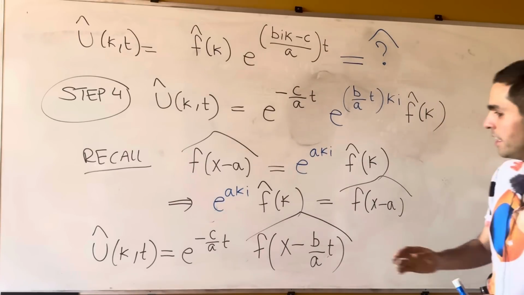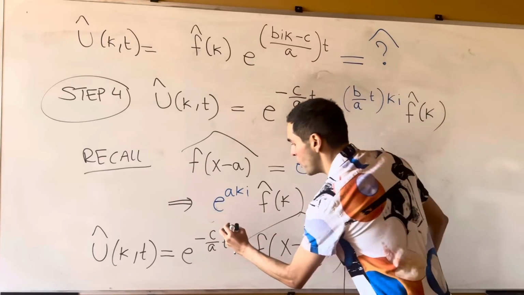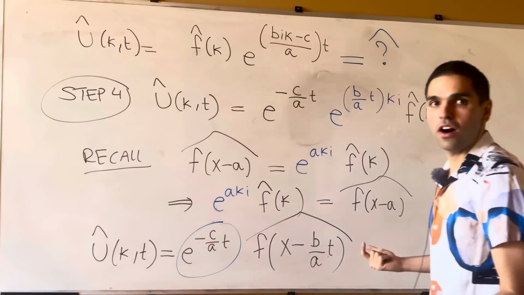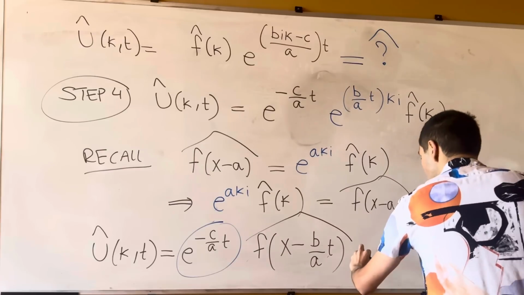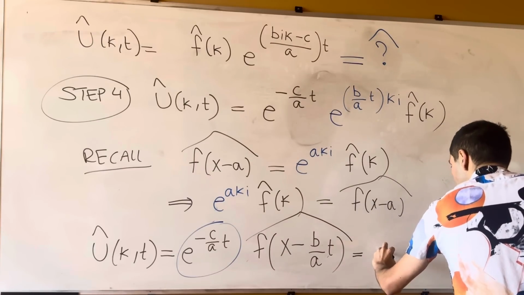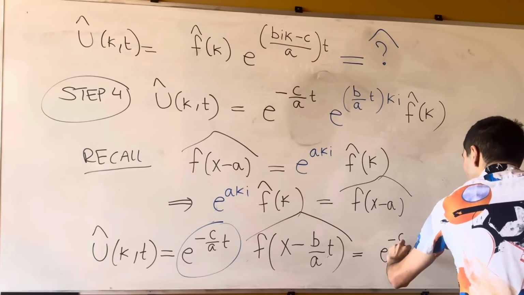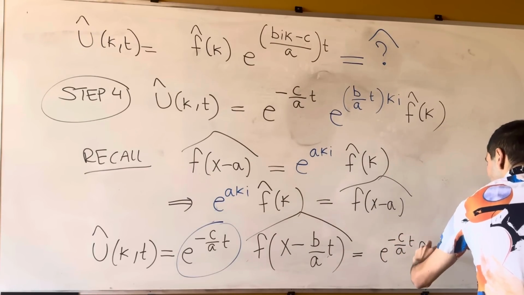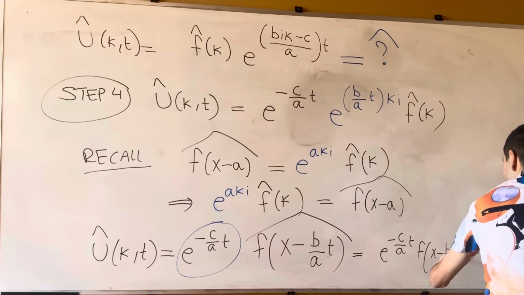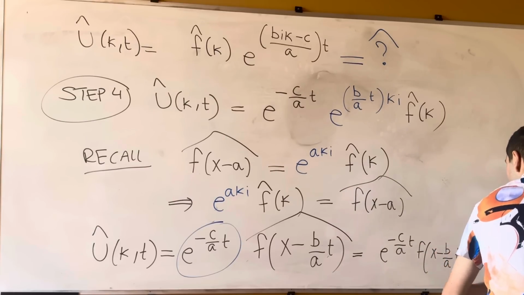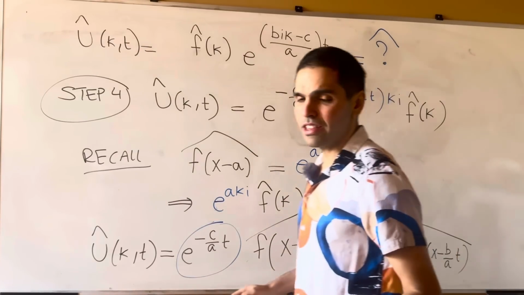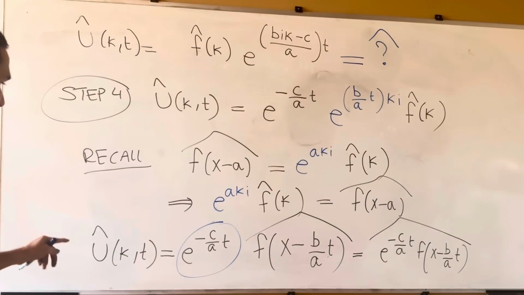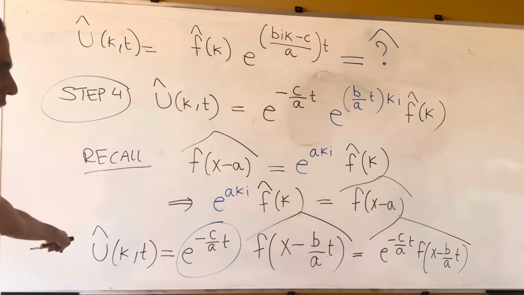And last but not least, well, this term doesn't depend on x or kappa at all. So this is just the Fourier transform of e to the minus c over a t and f of x minus b over a t, hat. And then the good thing is we're finally done because we found u hat and wrote this as a hat.